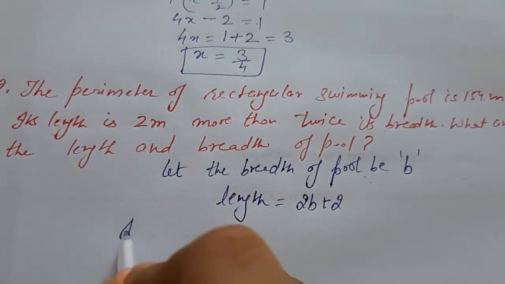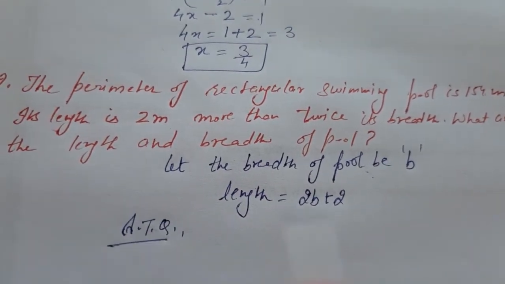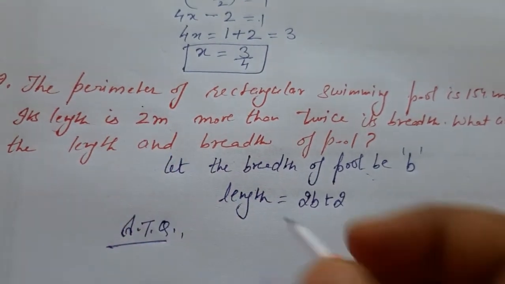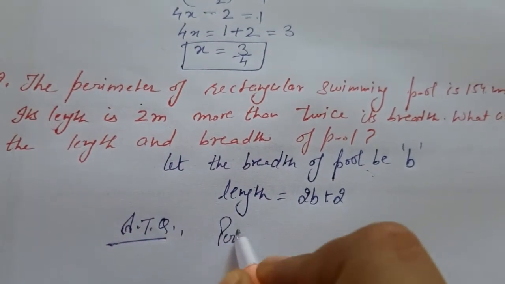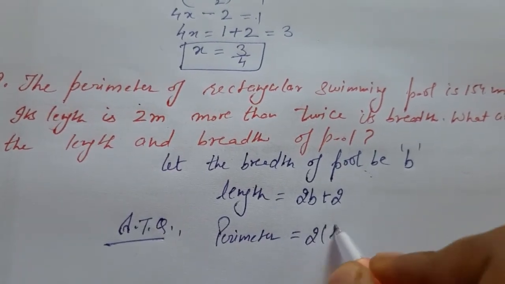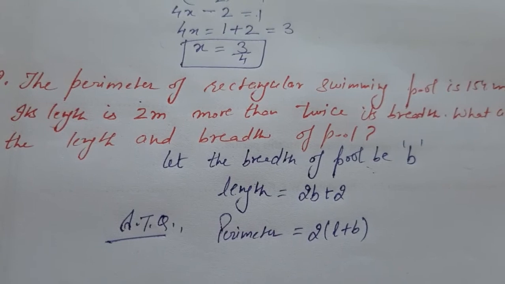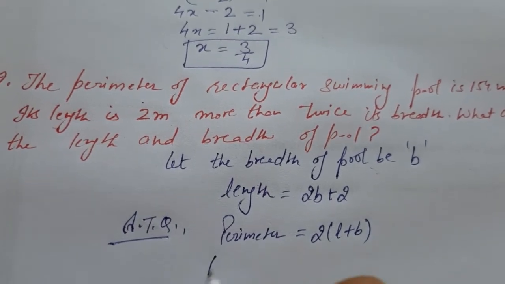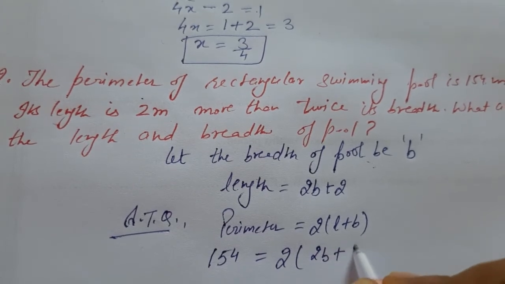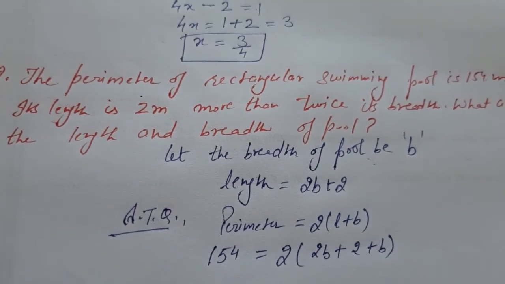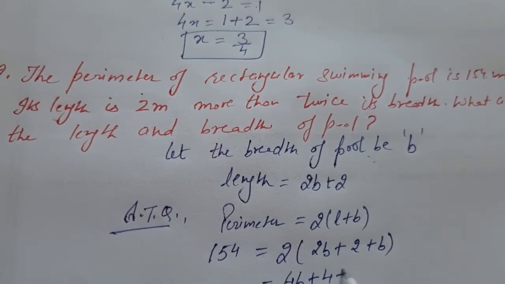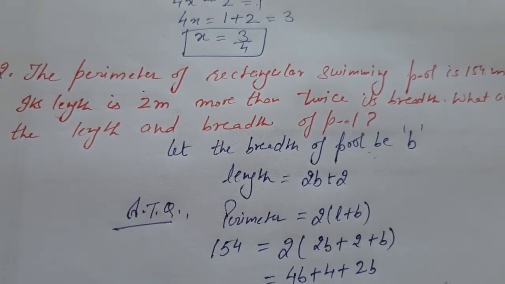Now according to the question, the perimeter is given. Perimeter of a rectangular pool will be 2 times length plus breadth. Now we will fill the values here. 154 is equal to twice 2b plus 2 plus b. Now we will solve it. It comes out to be 4b plus 4 plus 2b. Add it up.